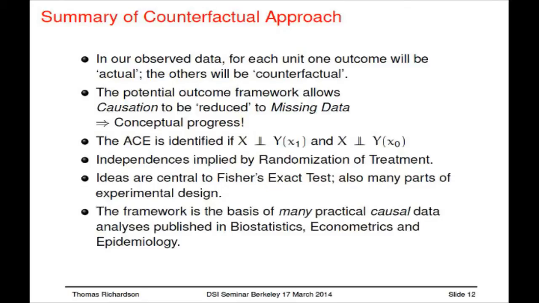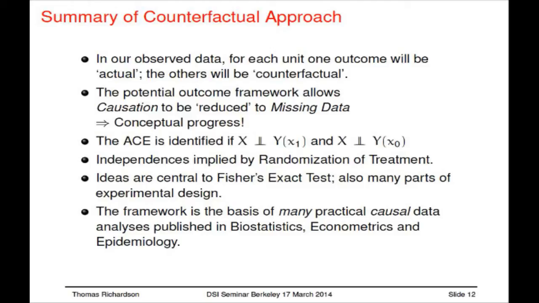And I'm just giving you the absolute tip of the iceberg here. I'm assuming that most of you have come across this model at some point previously. These ideas are central to Fisher's exact test and many parts of experimental design. A key point is that there are many applied causal data analyses published in Biostatistics, Econometrics, and Epidemiology that are based on this particular theory.